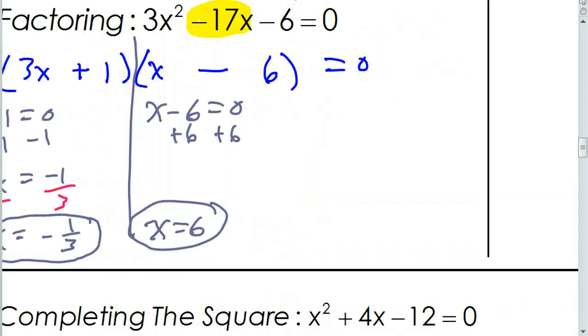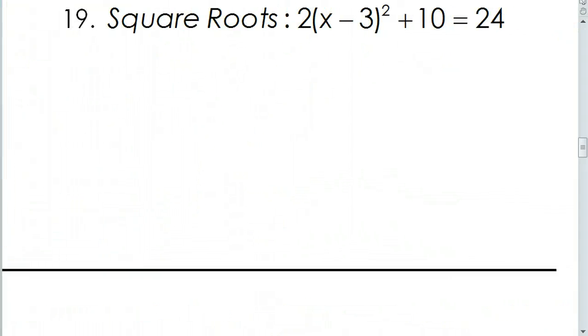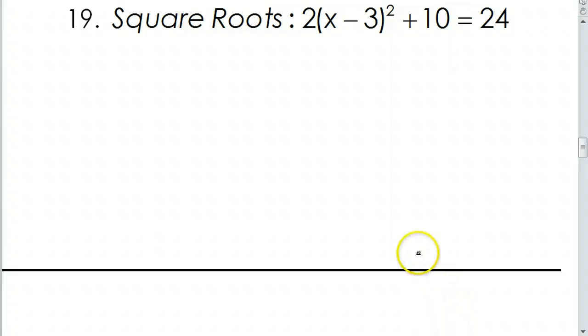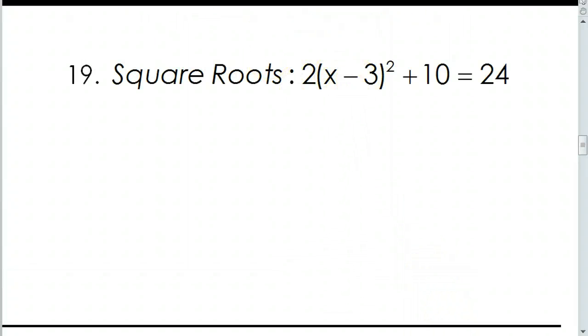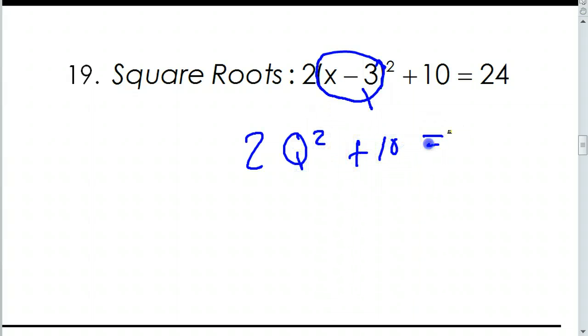Okay. Number 19, solve by using square roots. Remember, here's the key to solving by square roots. I want you to treat this parentheses like it was one variable, like it was a q. If I had 2q squared plus 10 is equal to 24, tell me what I would do real fast.